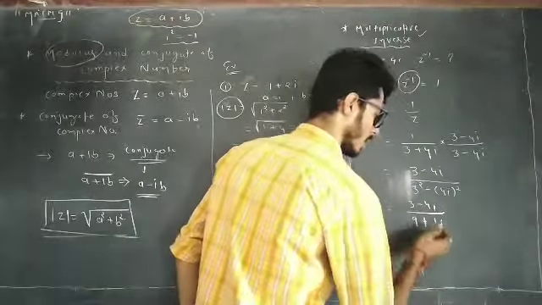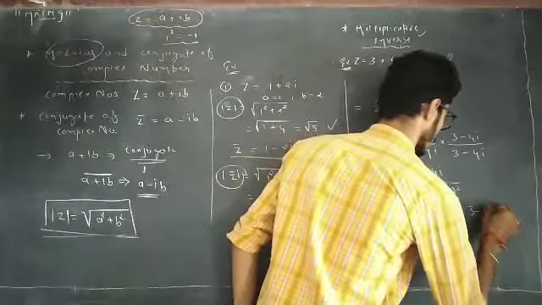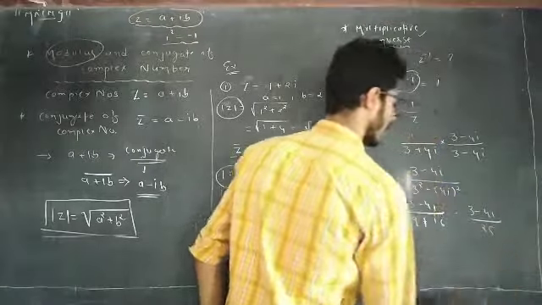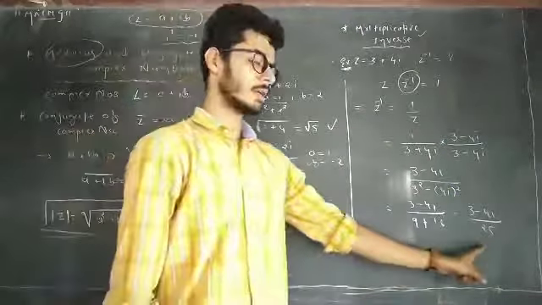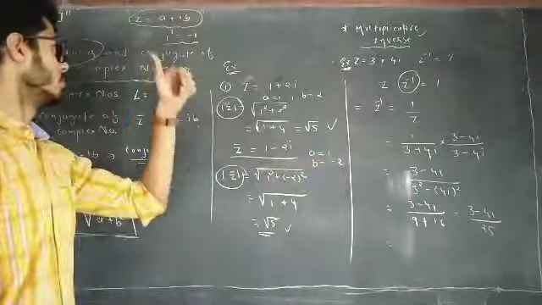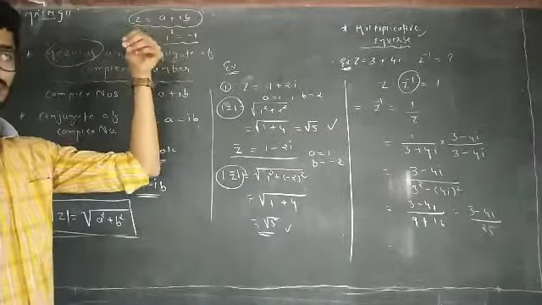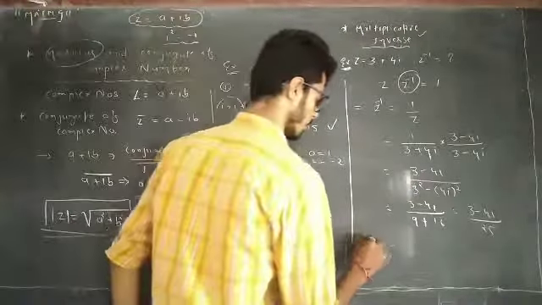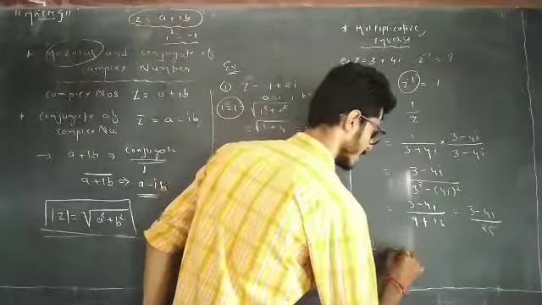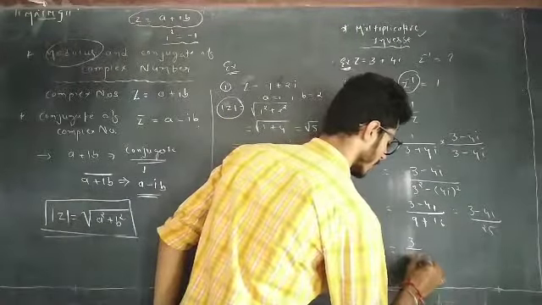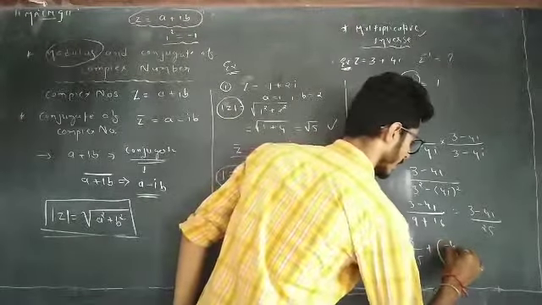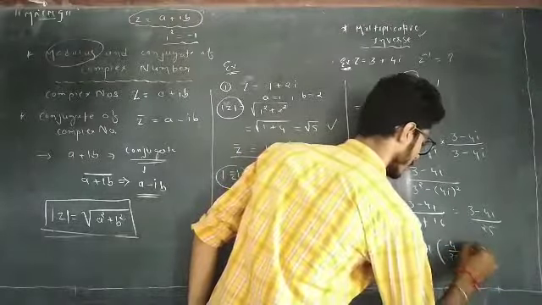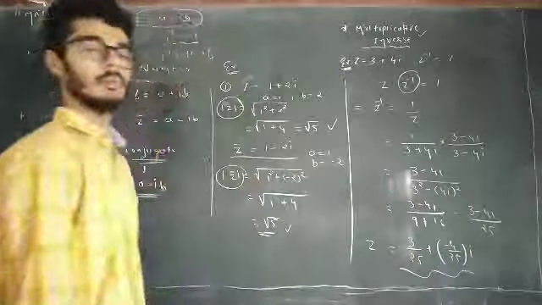So it is 3 minus 4i upon 25. Is it our answer? No. We have to write it in terms of a plus ib, which is the standard form of a complex number. So the answer is 3 upon 25 plus minus 4 upon 25 into i. That will be our answer.